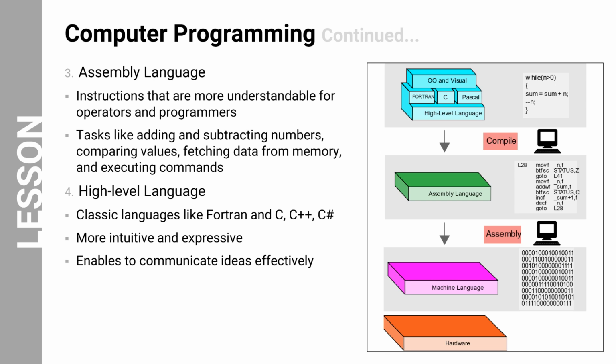This complexity allows us to write sophisticated algorithms and programs easier for humans to understand while still being translatable into machine-readable instructions. By the time we reach high-level languages, the code is written in an intuitive and highly readable format. These languages enable us to communicate our ideas effectively, using well-established syntax and structures that abstract away the complexities of the underlying machine operations.